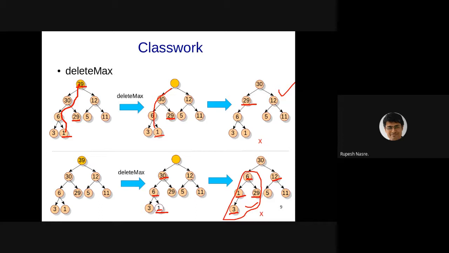See, exchanging the elements at the sibling level will, okay, let's check. So 3 and 1, so let's say we don't exchange here. 6 and 29, we can exchange in this case, it turns out, but not always this will be possible.